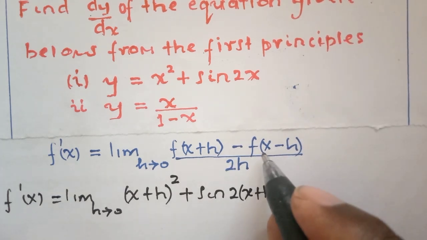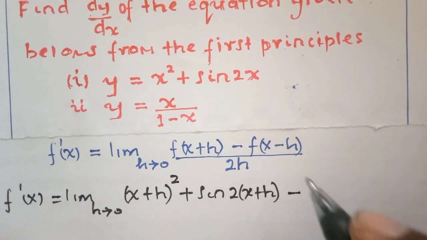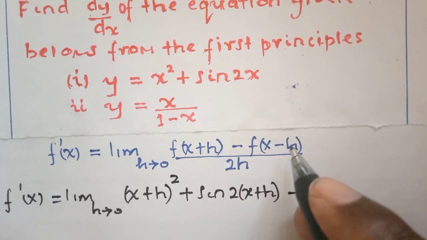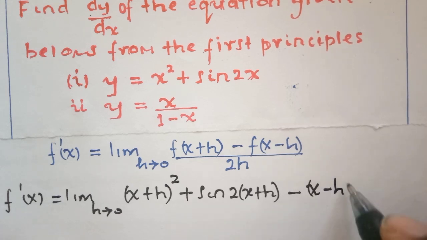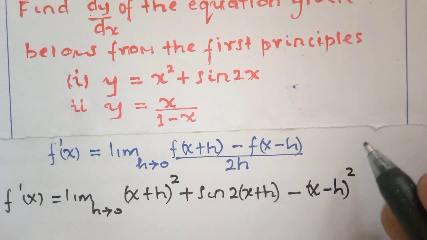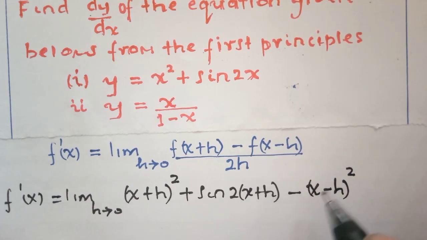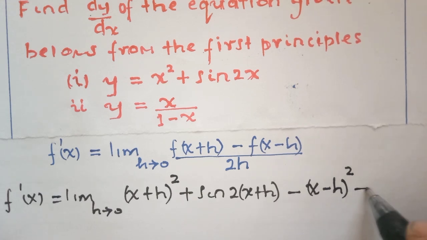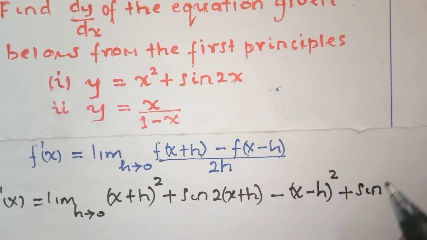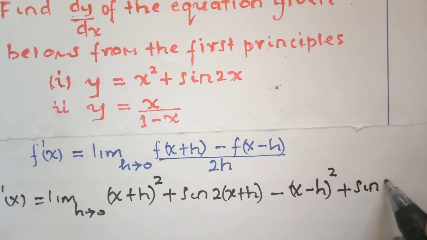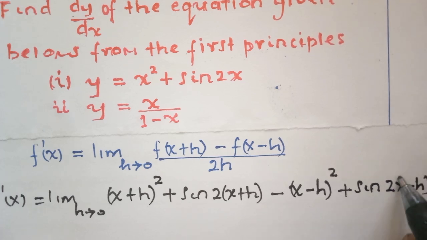Then now we come to this term, minus now (x minus h) squared. Then we go to this other term, which is now plus sine 2(x minus h) like that.